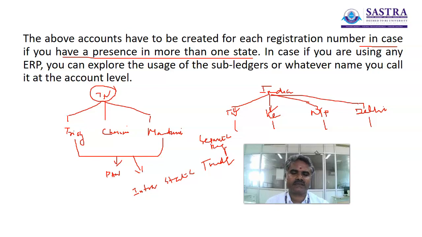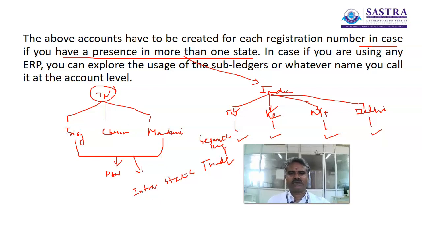That's all. This is what they are telling here: the above accounts have to be created for each registration number in case you have a presence in more than one state. In case you are using any ERP, you can explore the usage of subledgers, and whatever name you call it, it is the account level. This is very, very important.